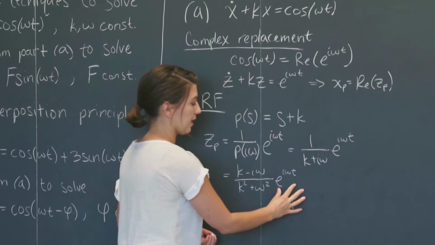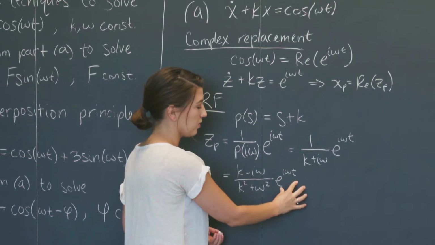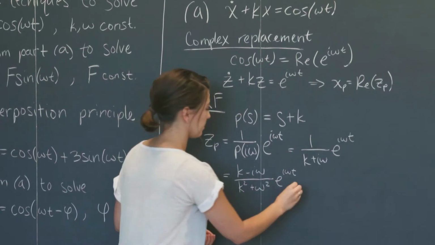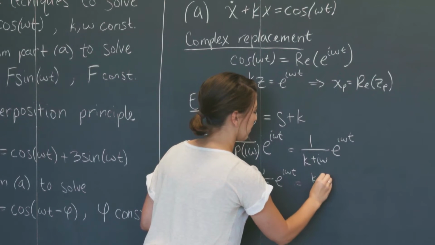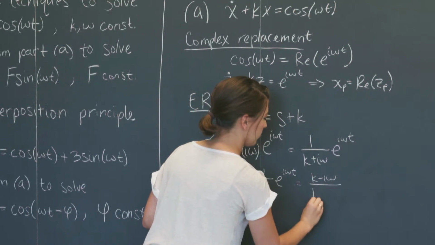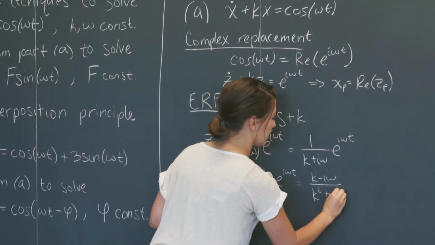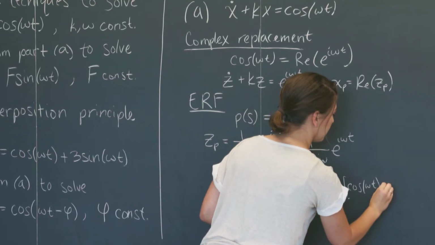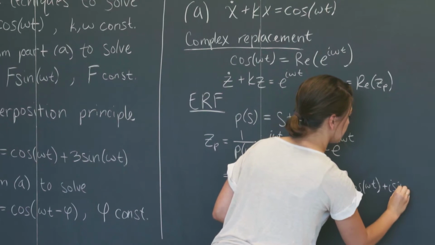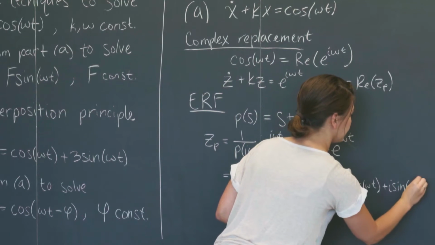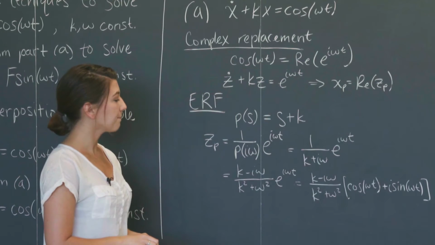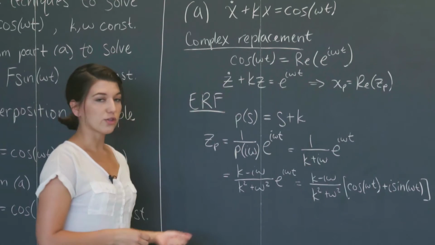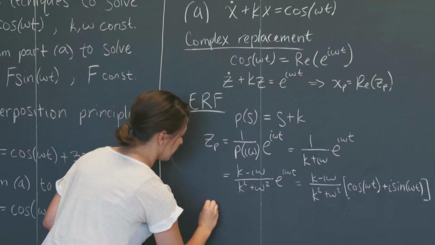And we also want to write this as a sum of sines and cosines using Euler's formula. So we get k minus I omega over k squared plus omega squared times cosine of omega t plus I sine omega t.